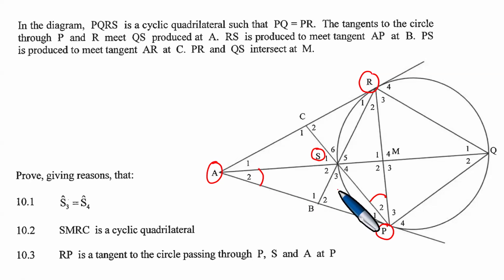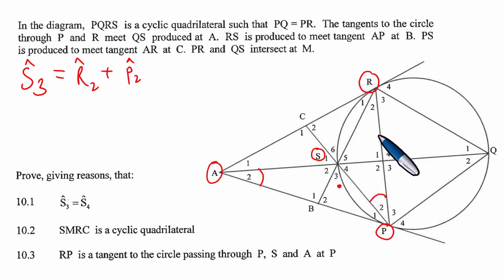But first things first, we realize that the angle S3 is equal to R2 plus P2. S3, which is this one here, is equal to R2, which is this one here, plus P2, which is this one here.